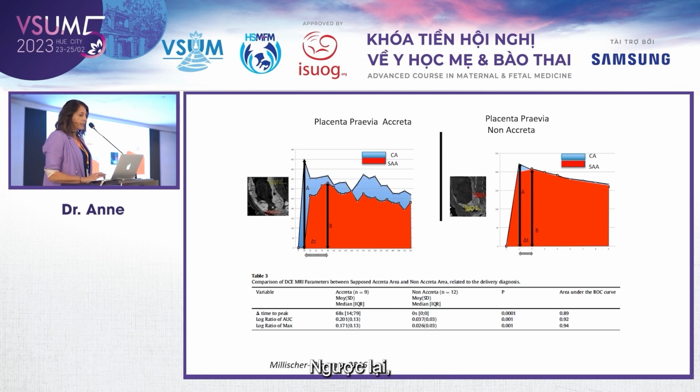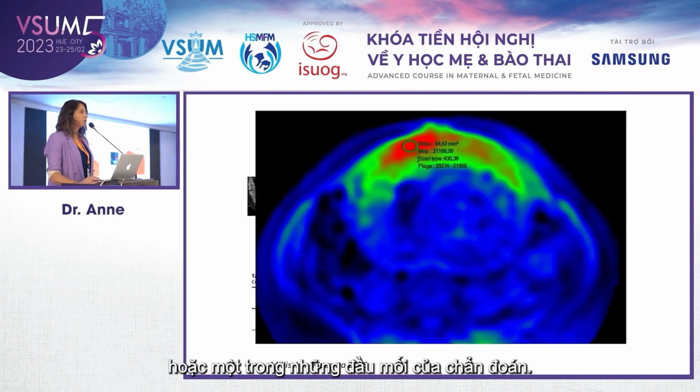On the contrary, when you have placenta accreta, you have very important hypervascularization in the accreta area compared to other parts of the placenta, which are non-accreta. So maybe it will be one of the clues to the diagnosis.